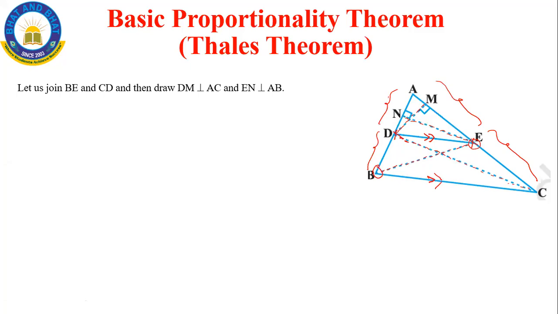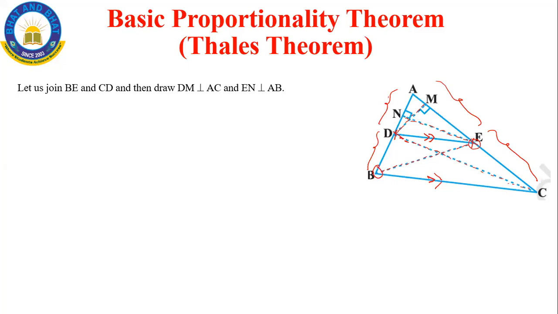After that, I have to join B and E, and D and C. Once I have done this, I have to draw perpendiculars. I am drawing a perpendicular from point D on line AC. So DM is drawn perpendicular to AC.